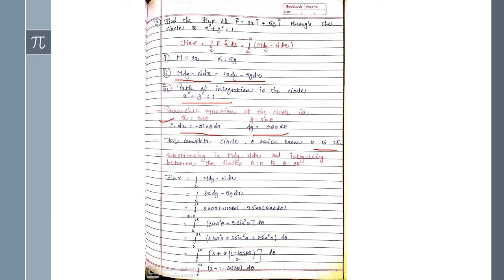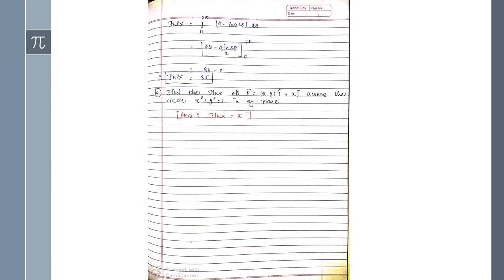Now substituting all these values into the main equation, that is this one, and integrating between the limits we have already found, that is 0 to 2 pi. So put the values, do the integration, but you can see that cos square and sin square are given here, so you have to convert into the normal form. So here I have converted into the normal form, and apply its limit and you will get the final flux.